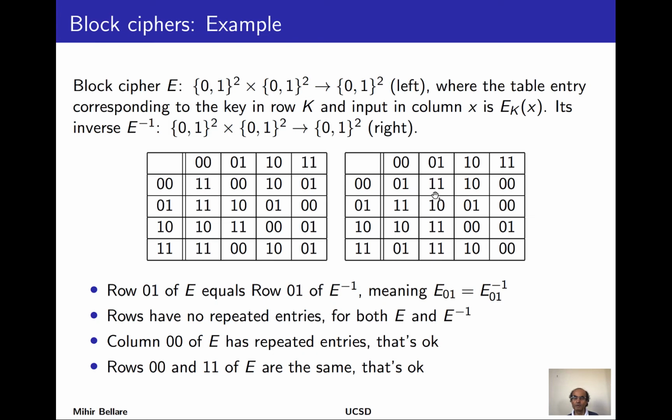So we put 0,0 here. And so on. So try another example. If the key is 1,0, then input 0,0 maps to 1,0, and that should mean that output 1,0 should map to input 0,0.